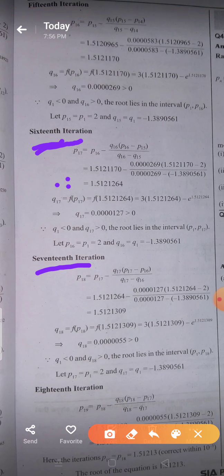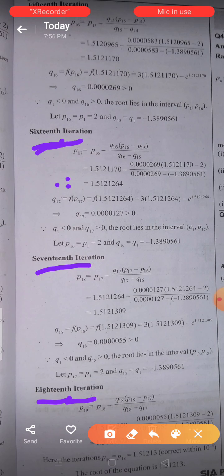Since Q1 less than 0 and Q18 greater than 0, therefore the root lies in the interval P1 comma P18. Let P17 is equal to P1 is equal to 2 and Q17 is equal to Q1 is equal to minus 1.3890561. Next, 18th iteration.